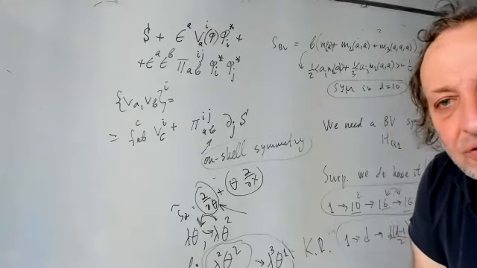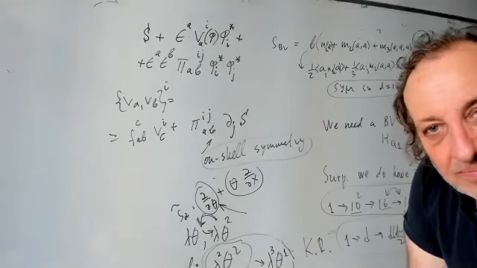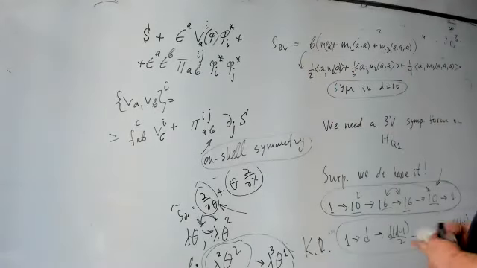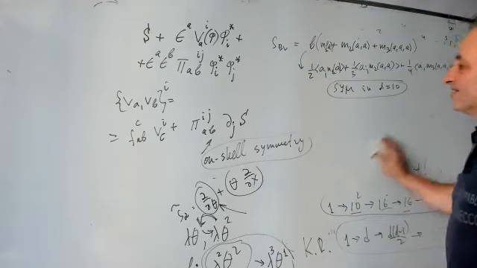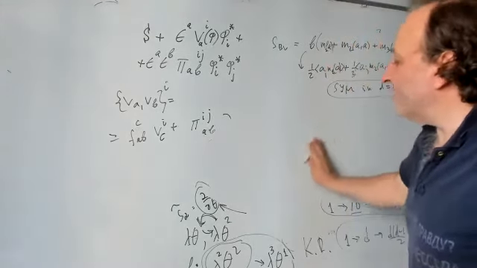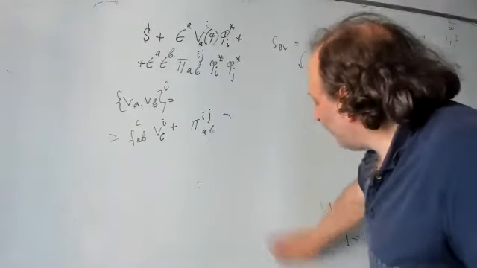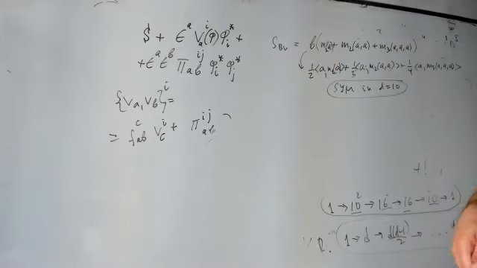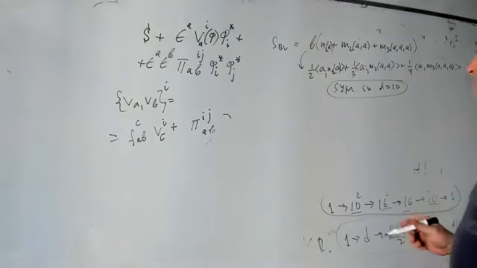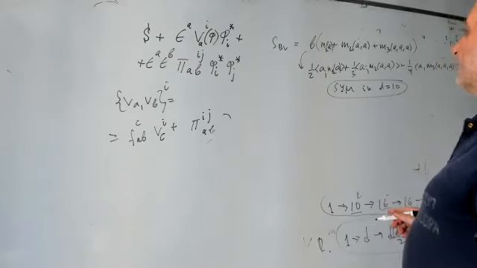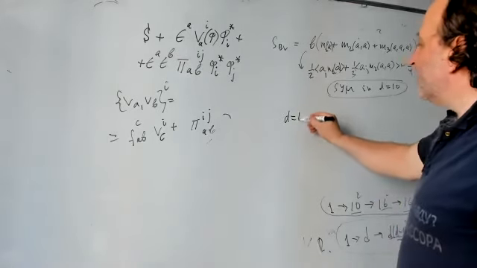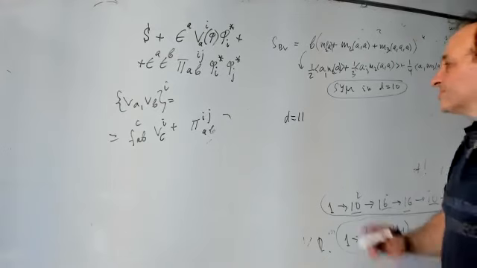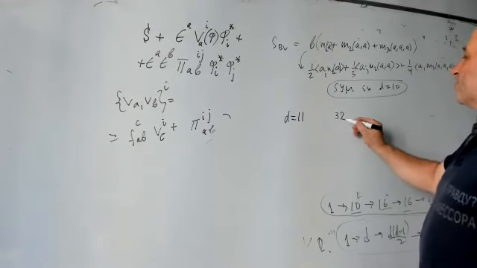I want to say another thing about it. Namely, this construction has an interesting but not understood generalization. Consider D equal 11. Now the dimension of spinors is 32.